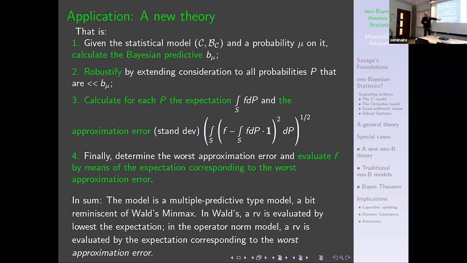So you can see it's a little bit of the flavor of min-max, but instead of taking the lowest expectation, you take the expectation that is associated to the highest standard deviation, which from an informational viewpoint makes sense because this is the one that exposes you to the biggest error in terms of the information that you have. And variability. Variability also. Yes, and so it's a model that statistically makes a lot of sense.